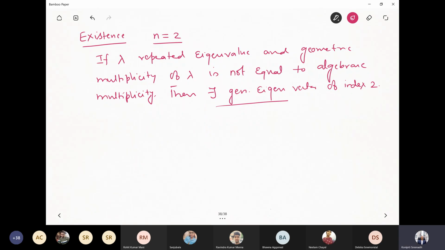So how does this come? Let us look at a proof. This explains the importance of the geometric multiplicity being strictly less than the algebraic multiplicity for the existence of a generalized eigenvector.